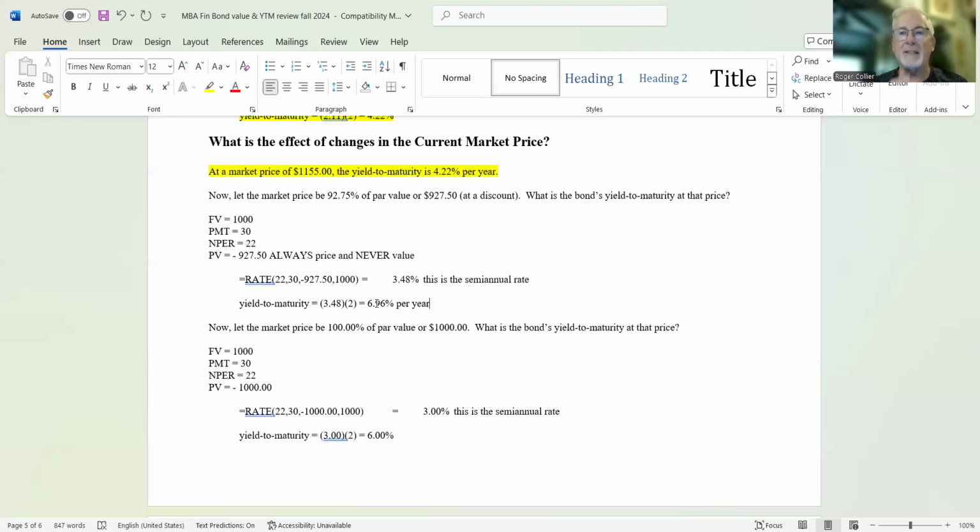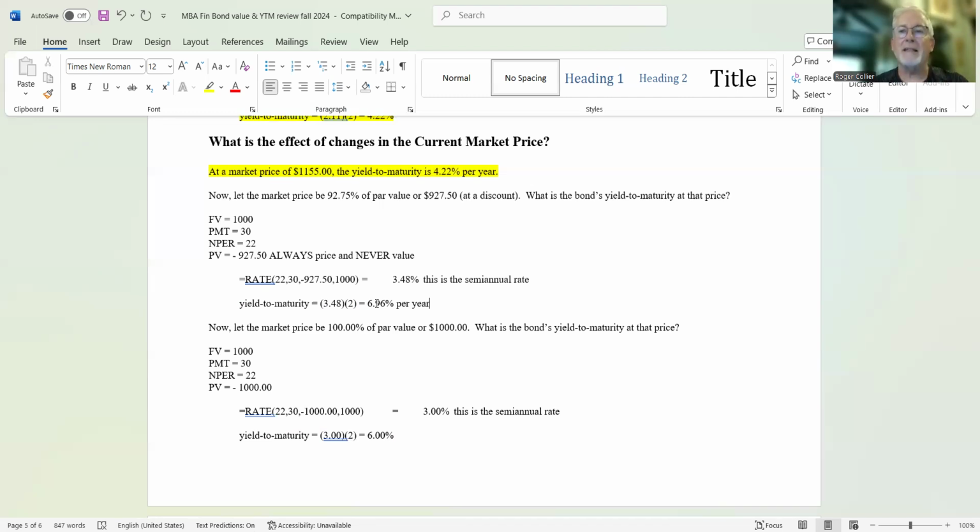And that makes sense if you think about the bond. The bond is a set series of cash flows. In this case, 22 payments of $30 plus $1,000 at the end. And as the price changes, those stay the same. So changes in price amount to paying more or less for that set series of payments, right?